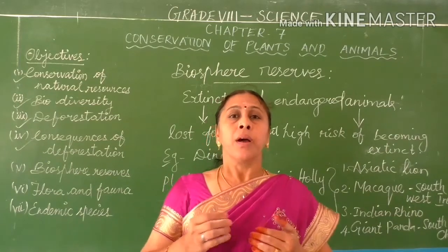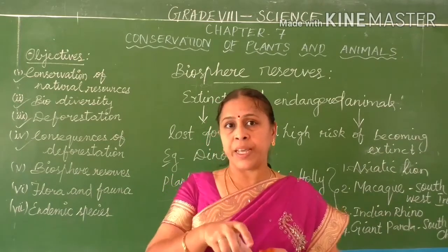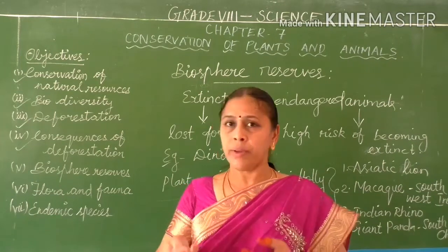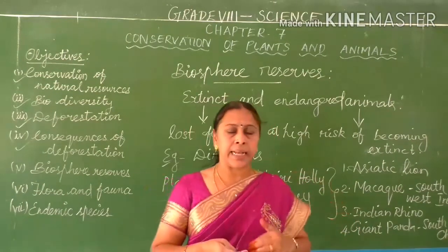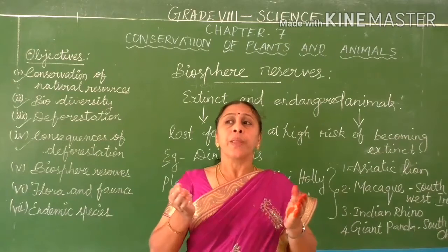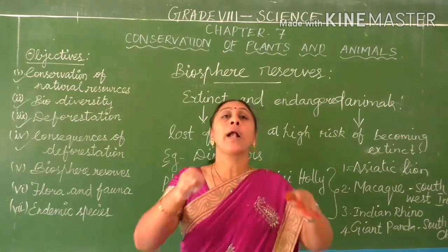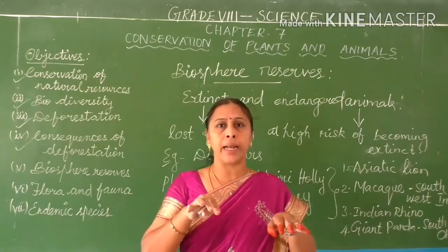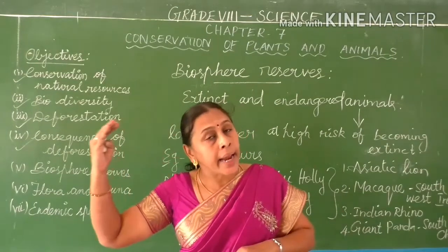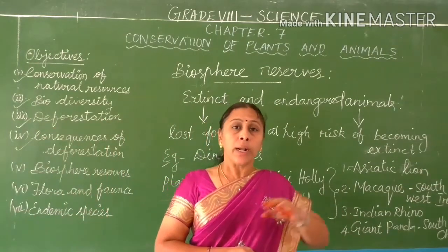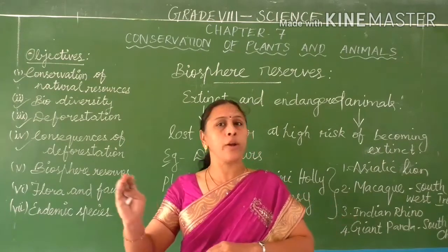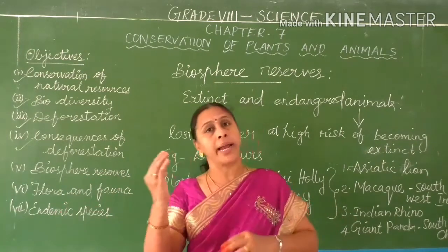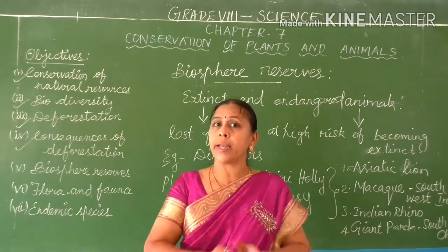That means endemic species. We will see about that in the next class. Endemic species means the species which are present only in that particular geographical area and not in any other part of the world. Naturally, that plant or animal will not be found anywhere else.